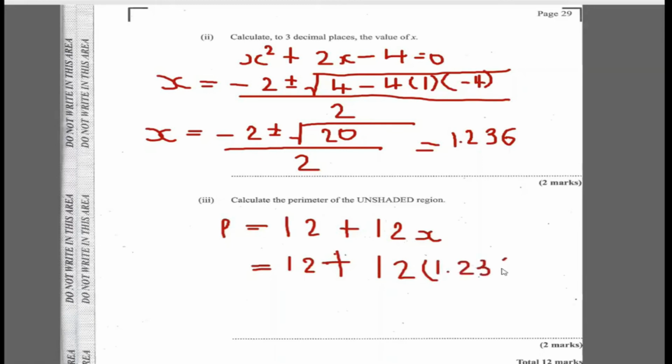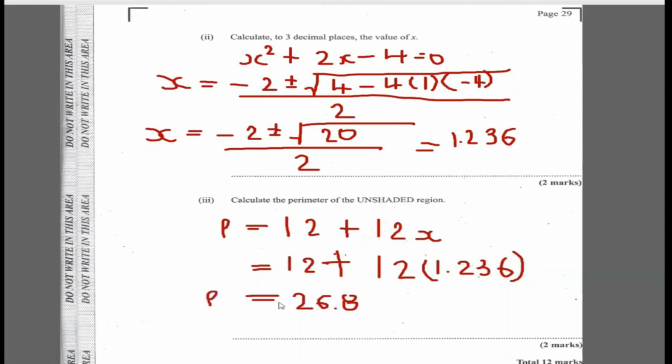And so that is equal to 26.8. So the perimeter is 26.8.